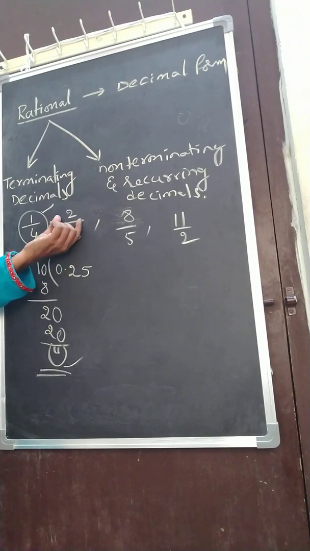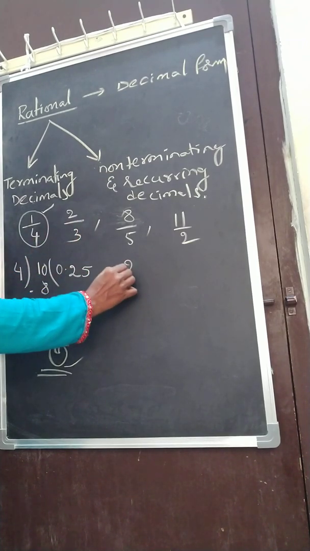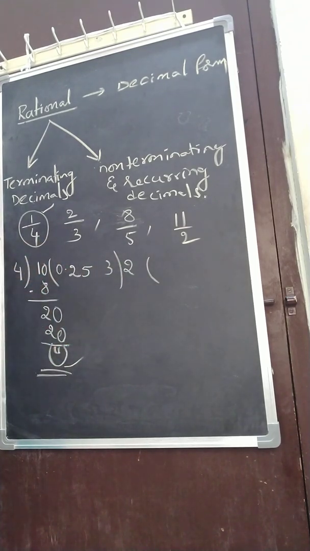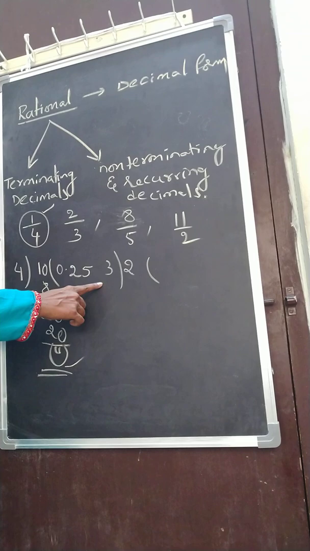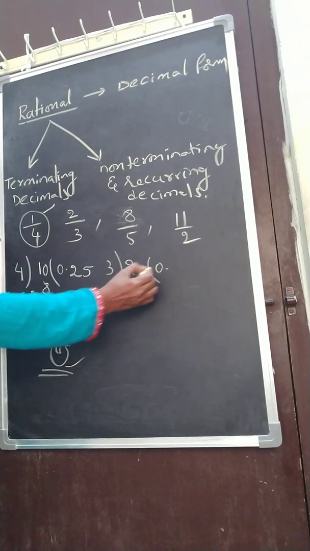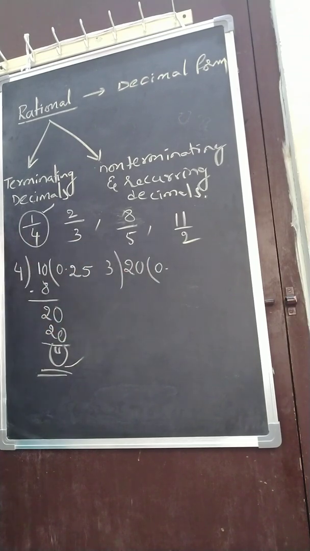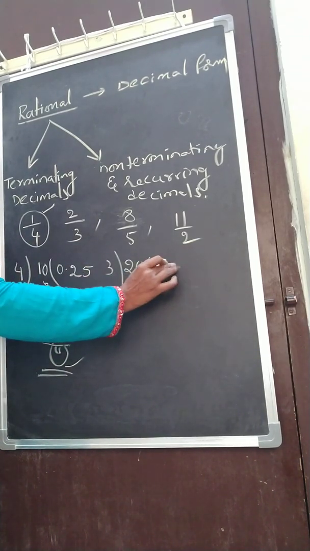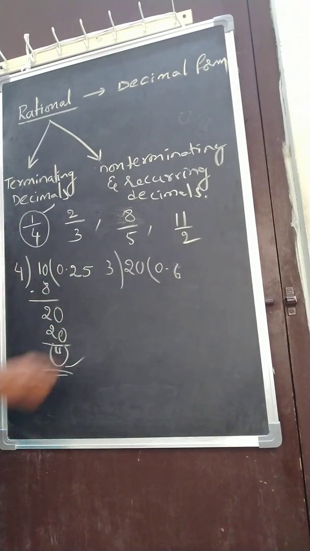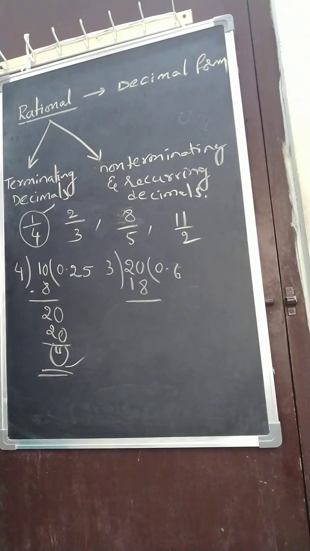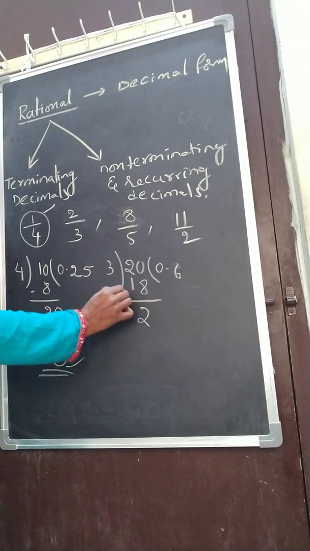Let us see 2 by 3. 2 should be divided by 3. 2 is smaller than 3, it doesn't divide, therefore we take a decimal point. 20 comes. 3 sixes are 18. 20 minus 18, 2 comes.